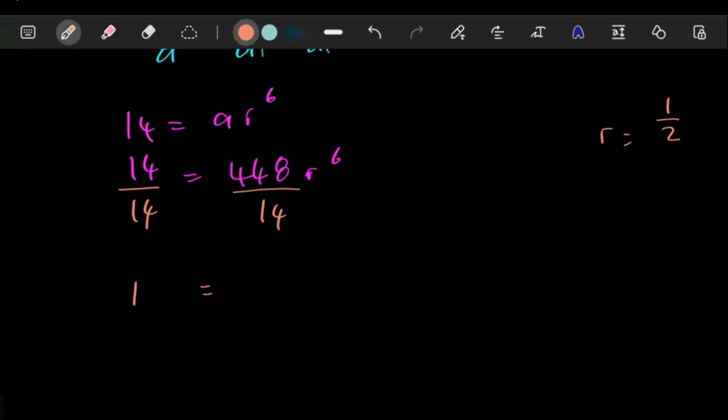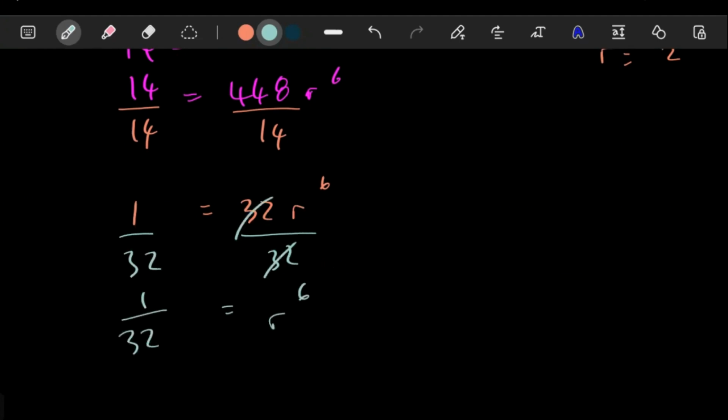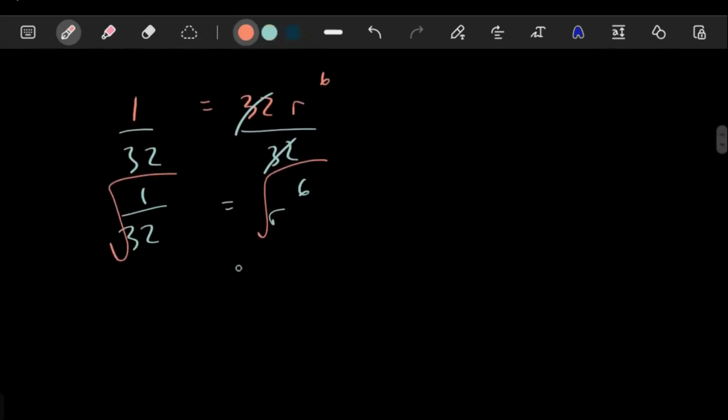So you get a 32 here, that's r to the power of 6. And then you're going to divide both sides by 32, 1 over 32, r to the power of 6. Square root with a 6, square root with a 6.